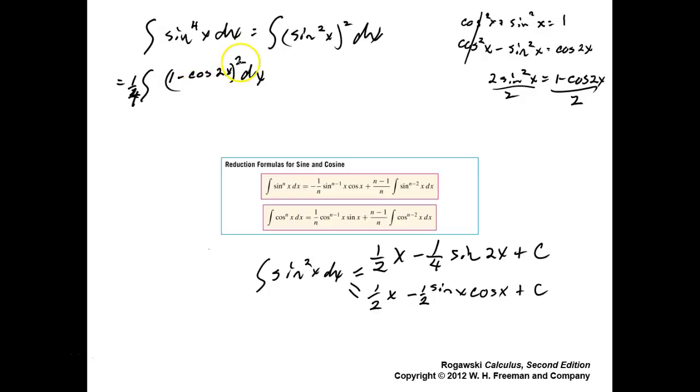This was over 2, square that, and you get the 1/4. Sorry, not too good to forget that. Okay? Now, if you square that, you get the 1/4 out front, the integral of 1 minus 2 cosine 2x plus cosine 2x squared dx.